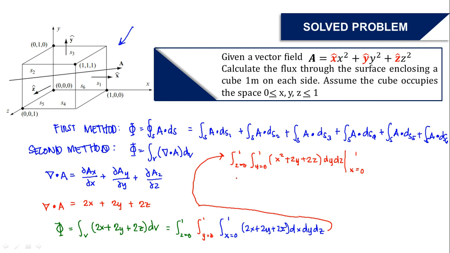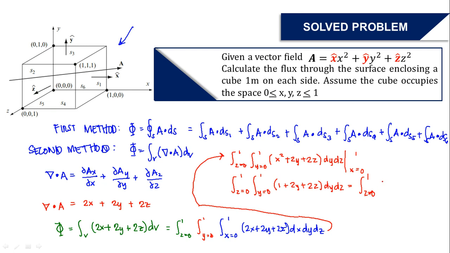So, susunod, ganun din. So, dahil 1 na yan, no? Nangyayari dyan, the integral ng z is equal to 0 to 1. Y is equal to 0 to 1 ng 1 minus 0, 0 na yan, plus 2y plus 2z dy dz. And of course, ang mangyayari dyan, the integral ng z is equal to, itong sulat ko talaga.